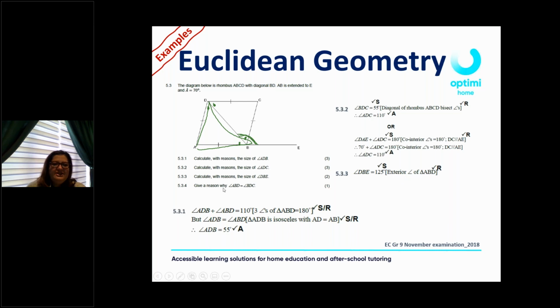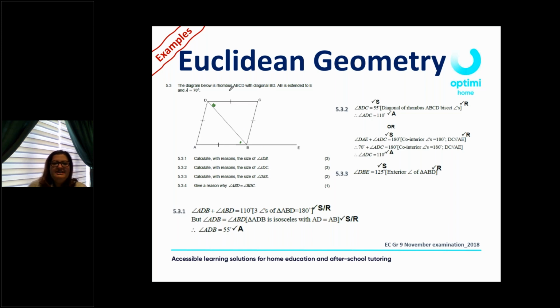5.3.4 says that you need to give a reason why ABD is equal to BDC. I'm quickly going to clear these drawings. They want to know the reason why this angle is equal to that angle. Do you see that they are alternating angles? So you can say that ABD is equal to BDC, alternating angles.